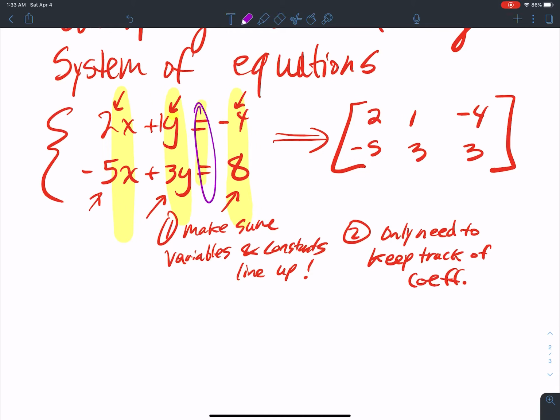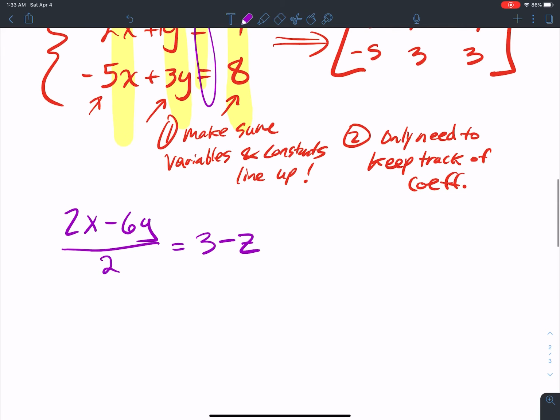All right. So what I want to do is try one where it's not quite as easy. It's not terrible, but it's not quite as easy. 2x minus y over 2 equals 3 minus z. z minus x plus 5y equals 12.